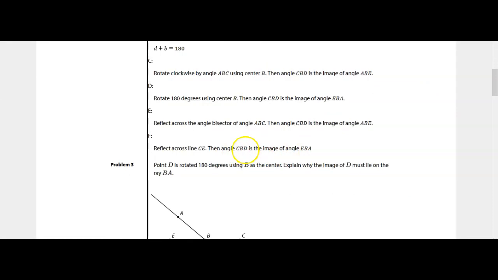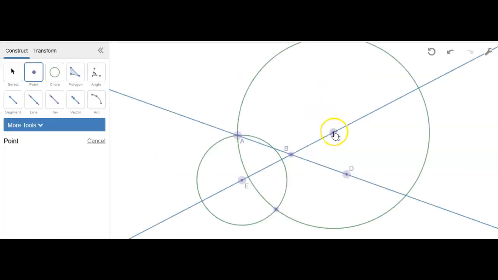Point D is going to go to A, point B is going to go to itself, which will happen, but then point C is going to go to point E. If we reflect C across that line, remember that C would be on the line of reflection, and when a point is on the line of reflection, it does not move. So it's not going to take C to E.